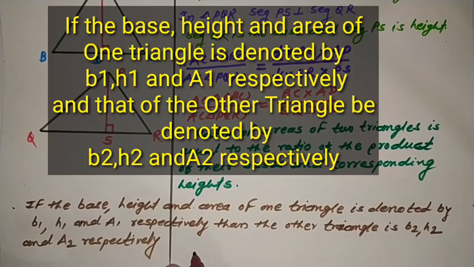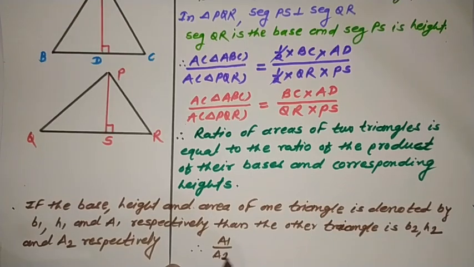And therefore the area of first triangle upon area of second triangle is equal to, area of first triangle is base B1 and height H1, upon area of second triangle, base is B2 and height is H2.